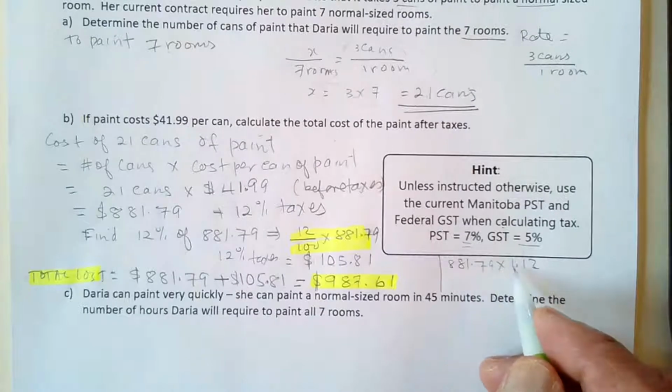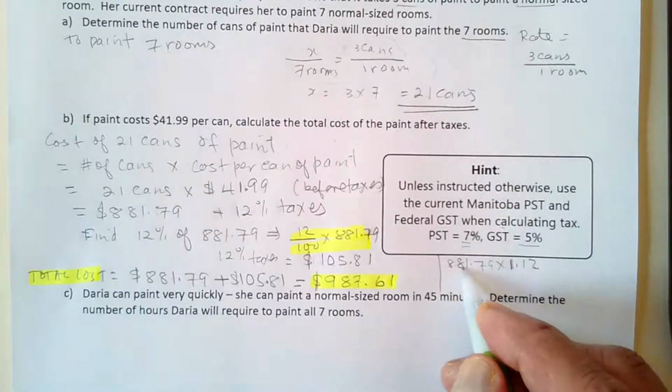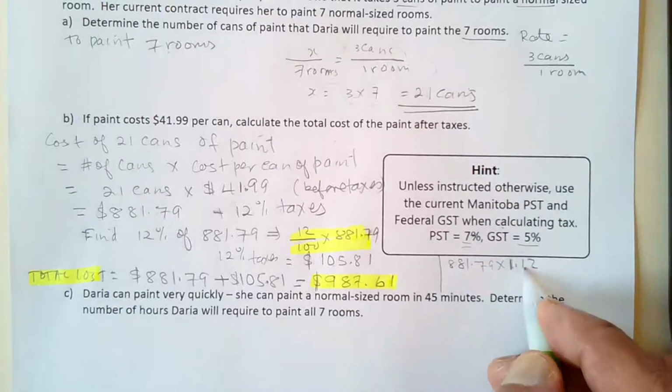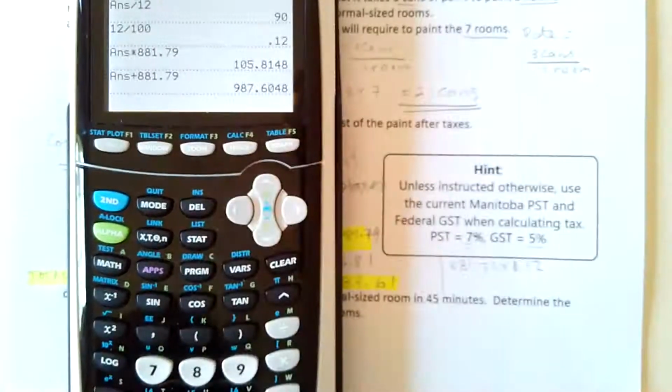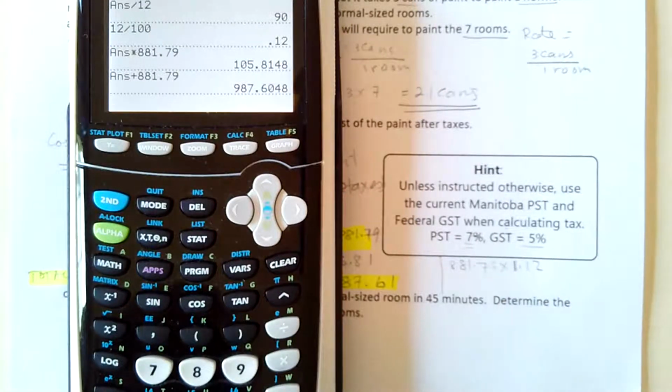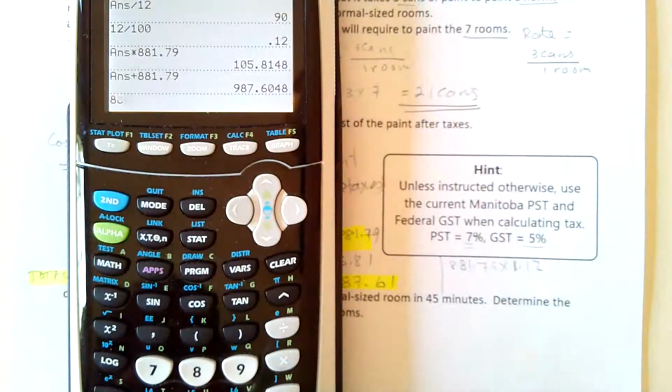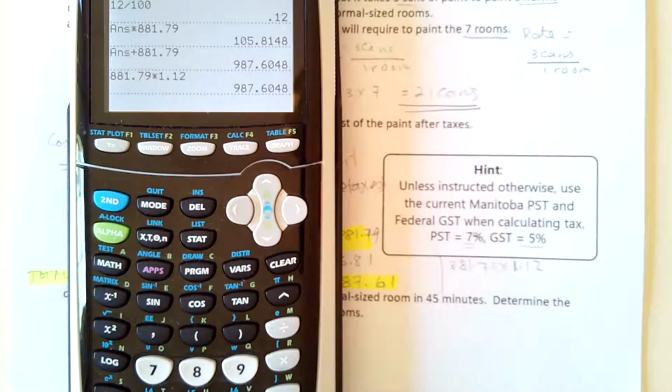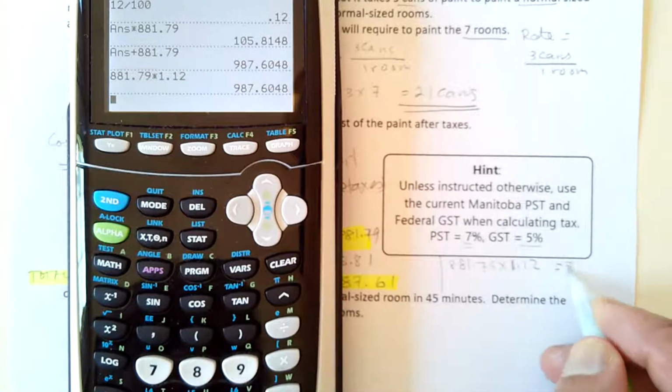This means you're taking the original amount and you're adding 12% to it. If I were to do that calculation here, 881.79 multiplied by 1.12 gives you the same result.